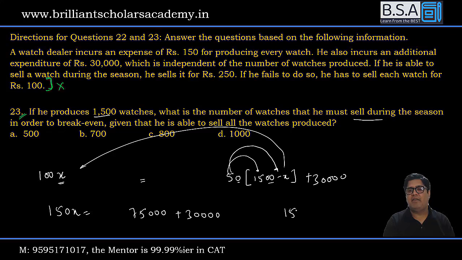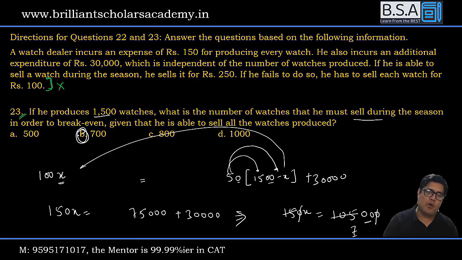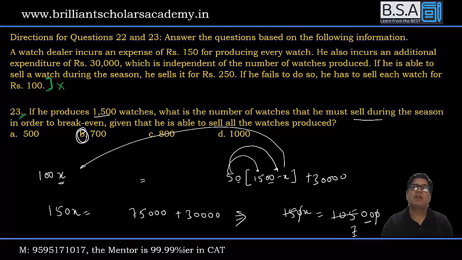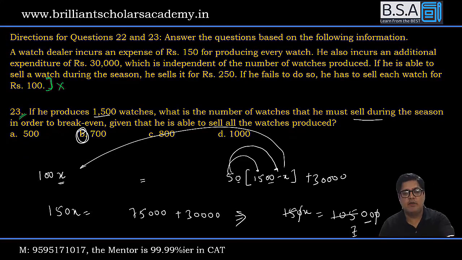We have 150x is equal to 105,000. So this 0 is gone, this 0 is gone, and this will cancel 7 times. So 700 should be the answer. 700 watches are sold for profit in the season, and 800 watches are sold for loss in the non-season.